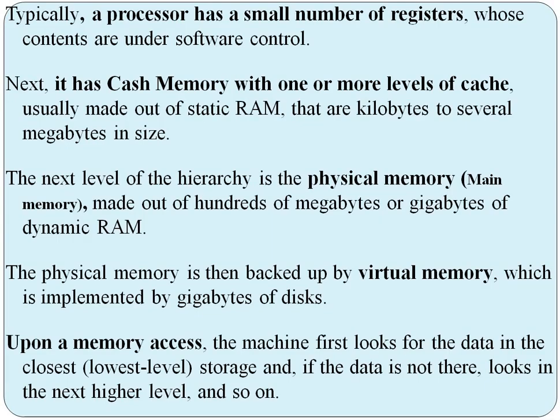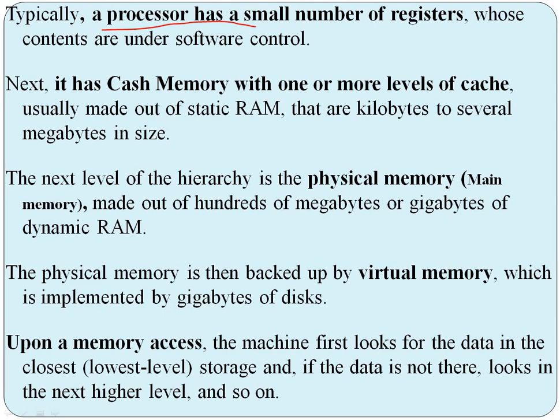See one by one. A processor has a small number of registers. Each processor CPU will have general purpose registers and special purpose registers, some of whose contents are under software control. Registers are used for storing small amounts of data, usually some number of bits.